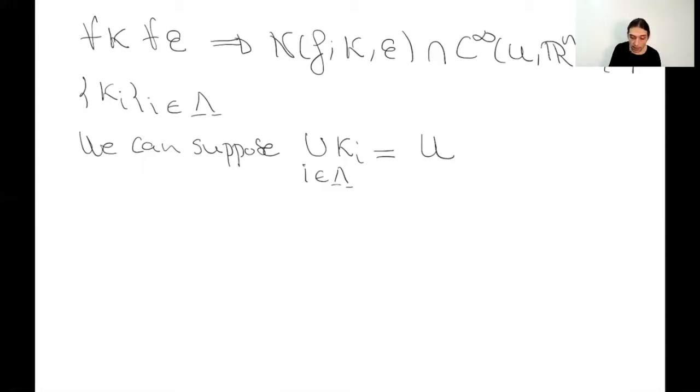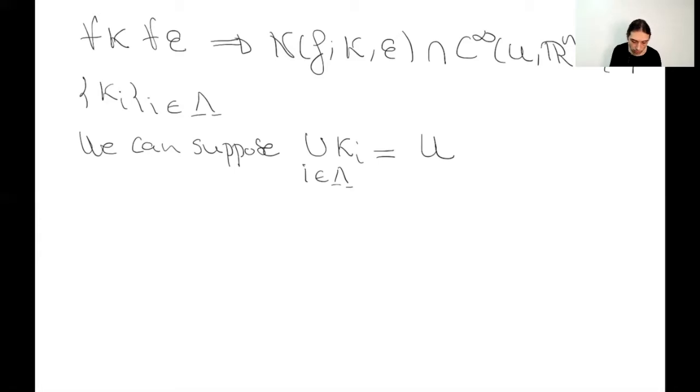And in that way, this set over here is going to get smaller because we are adding more conditions. And so if we prove that this intersection is non-empty, it's still non-empty for the original neighborhood. So it's not a big deal that the Ki's are actually a cover of U by compact sets, right?